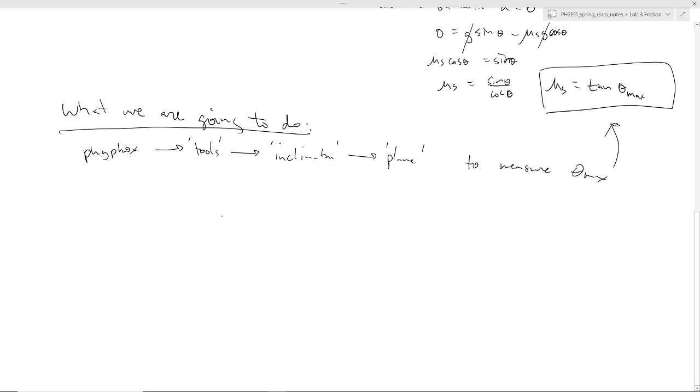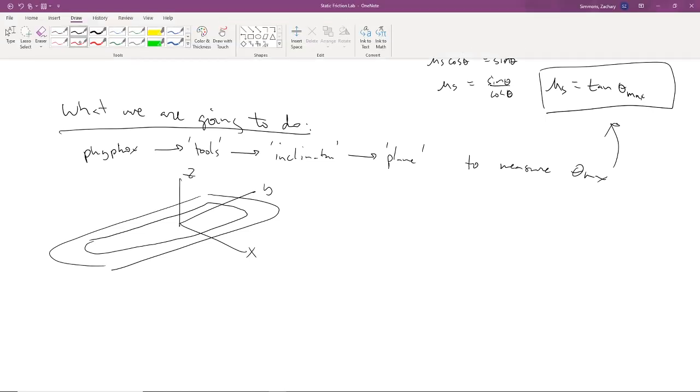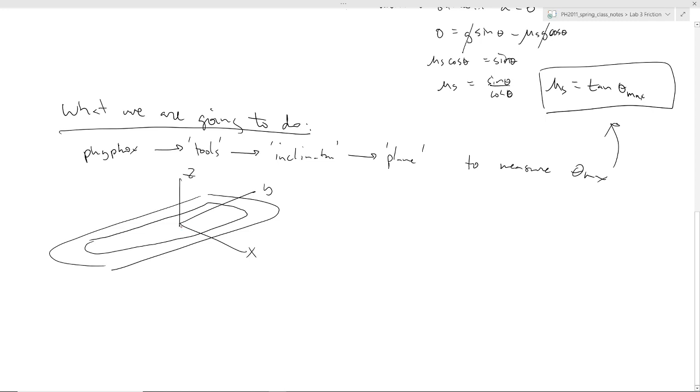So basically how this works is the technology that this operates on is your phone has, oh my gosh, I can't draw a phone. Your phone has accelerometers in it in 3 dimensions. And the force of gravity is always pointing down.